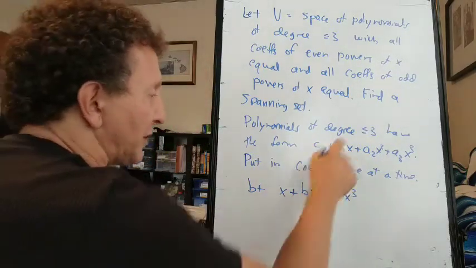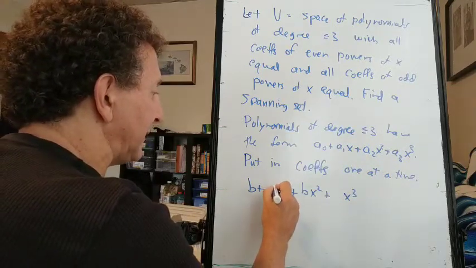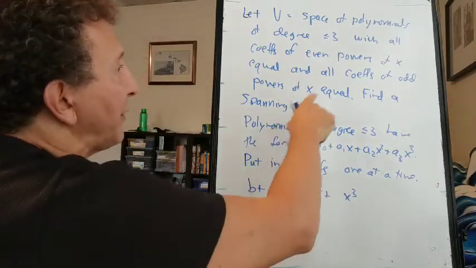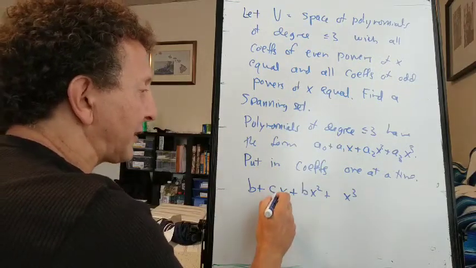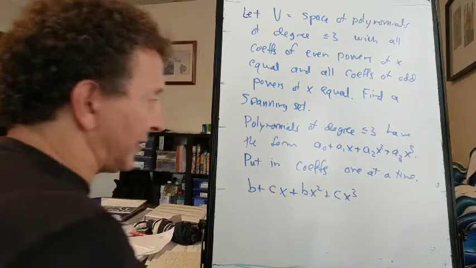And now let's look at the coefficient of x. Let's say that's going to be c. Now if the coefficients of all odd powers of x are equal, that means a c next to the x forces a c next to the x cubed.